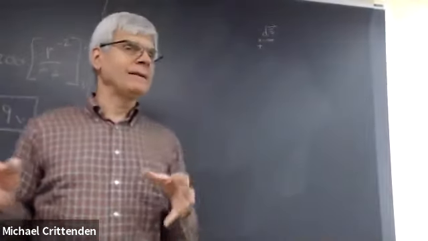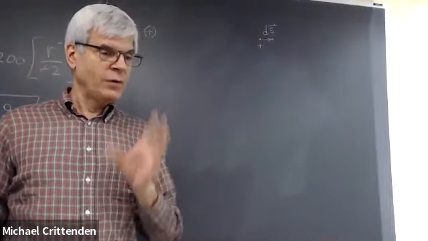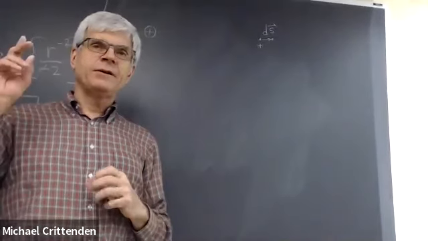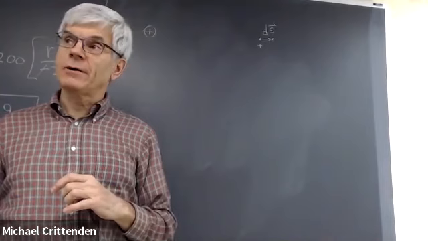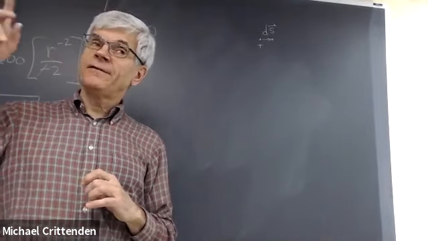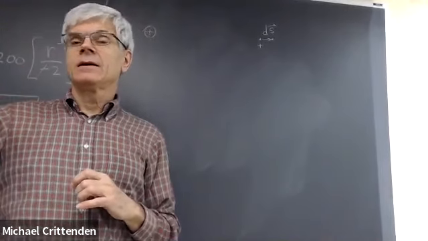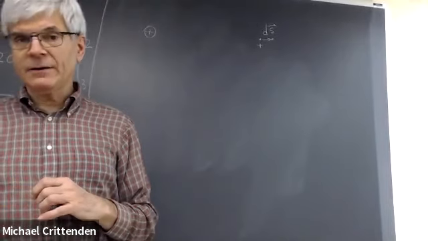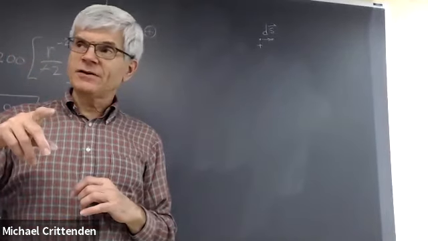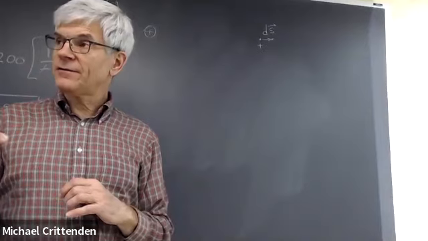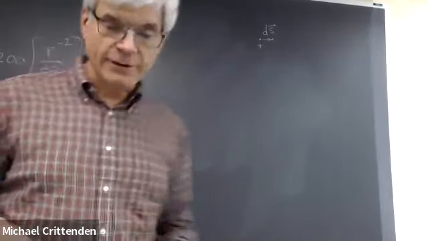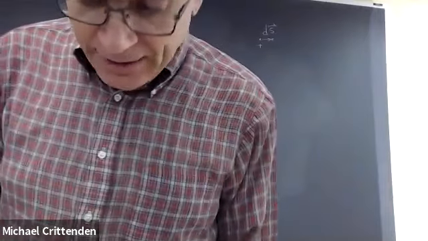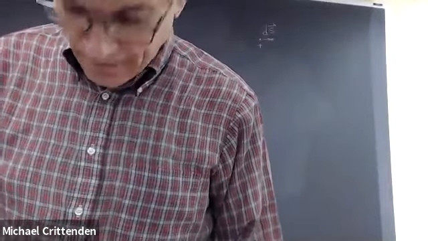The main point is that if you integrate 1 over r squared, you get 1 over r to the first power. So if the force goes as 1 over r squared, the potential energy due to that force goes as 1 over r to the first power. And that's written on the top of the next page.